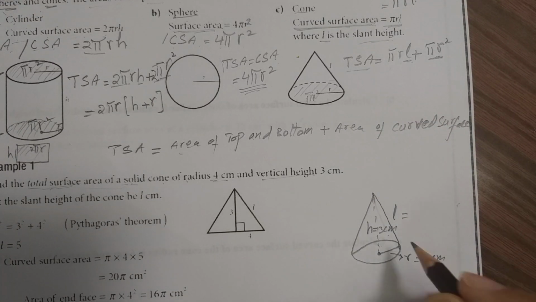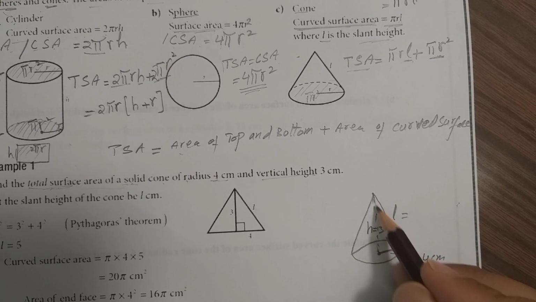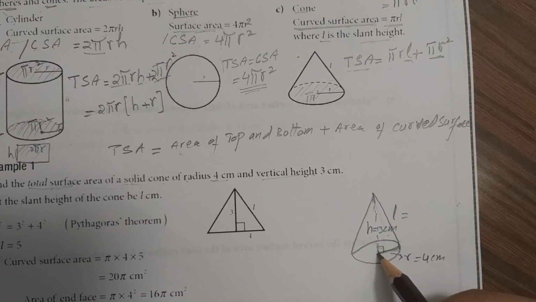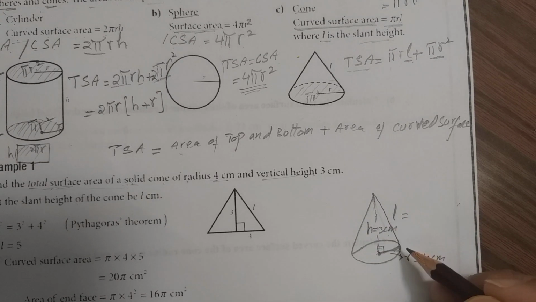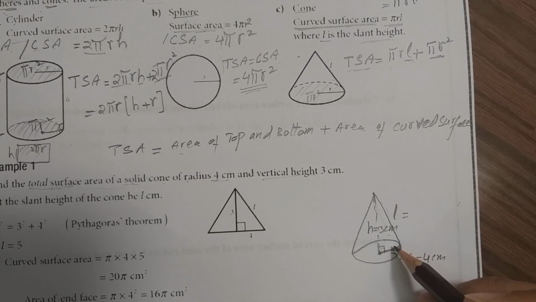But the vertical height helps us find the slant height, which we can apply in the formula. This is the perpendicular, and this is also a right angle triangle, because the perpendicular meets the radius at a right angle. So we apply the Pythagoras theorem.